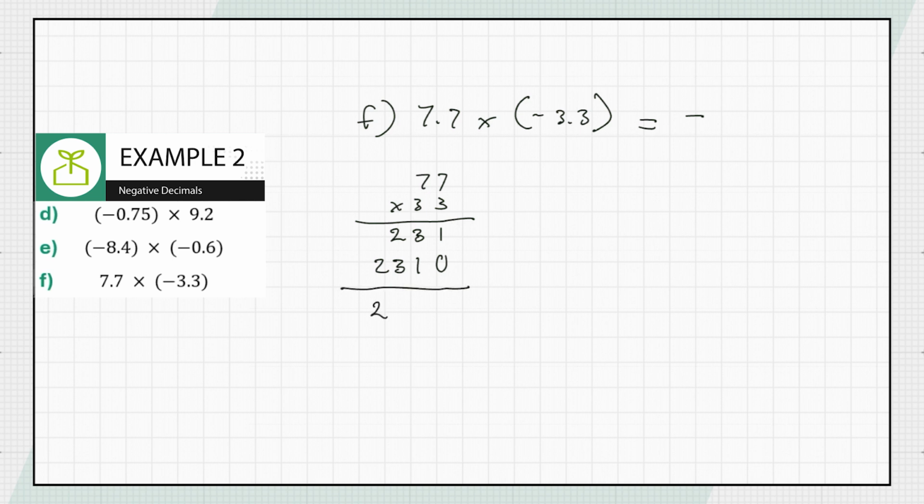And our answer at the end will be 2541. Alright, and then we have 1 decimal place here, 1 decimal place here, so we need 2 in our answer. So our answer is going to be negative 25.41.